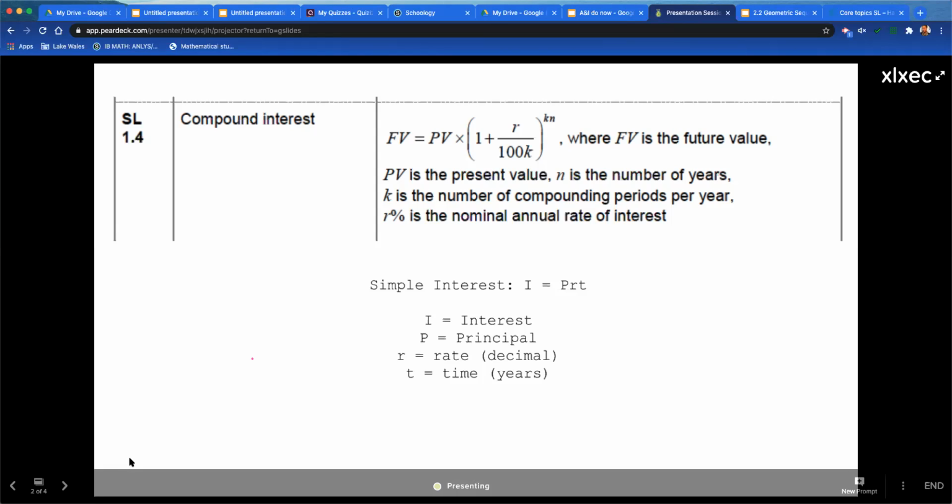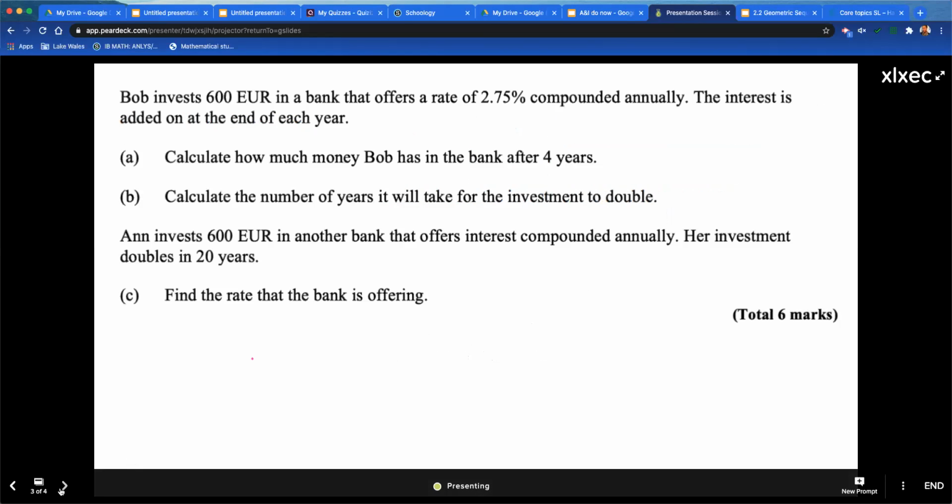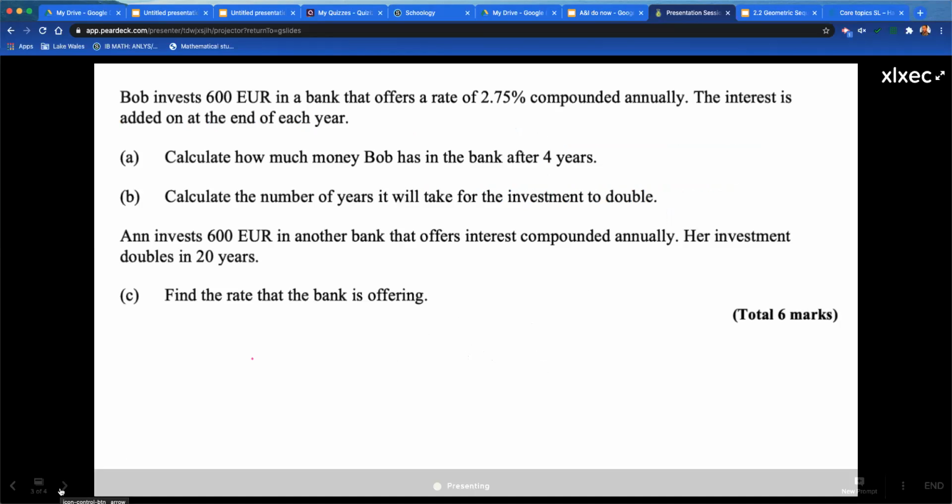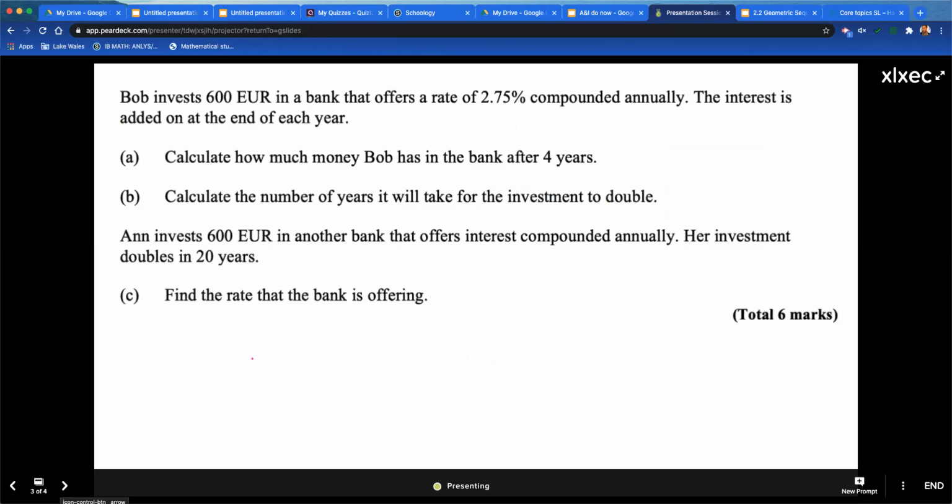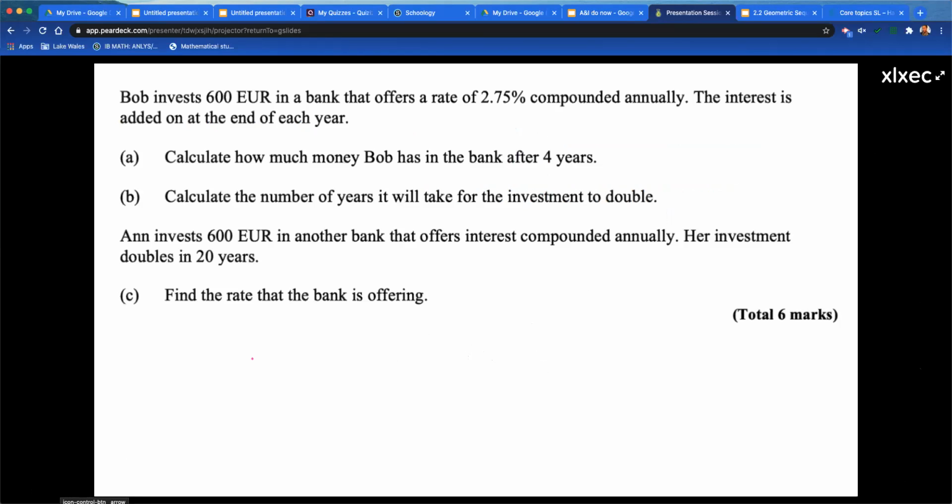Okay, so for our particular example here with Bob, he invests 600 euros in a bank that offers a rate of 2.75% compounded annually. The interest is added on at the end of each year. So again, compounded means we need to use compound interest.